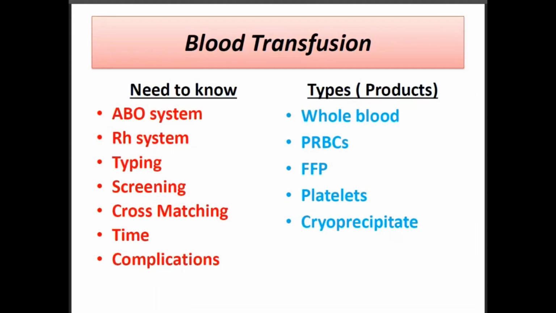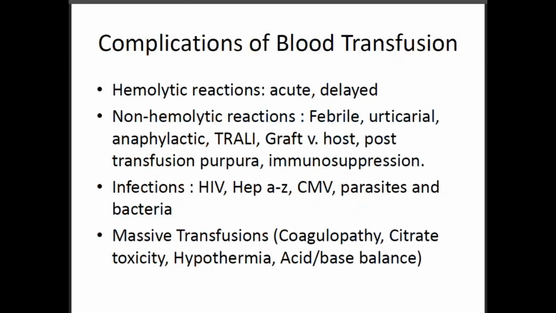Blood transfusion is one of the blood products. So you need to know the ABO system, the Rh system, typing, screening, cross-matching, the timing, and complications. You have many types of blood products. The most important are the packed RBCs, whole blood, fresh frozen plasma, platelets, and cryoprecipitate, which has some coagulation factors.